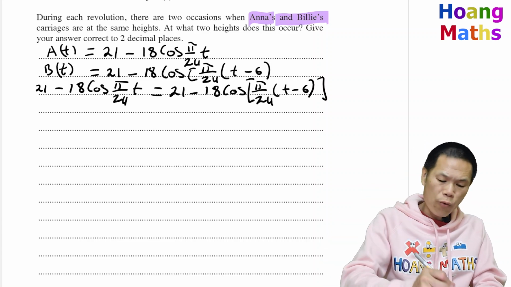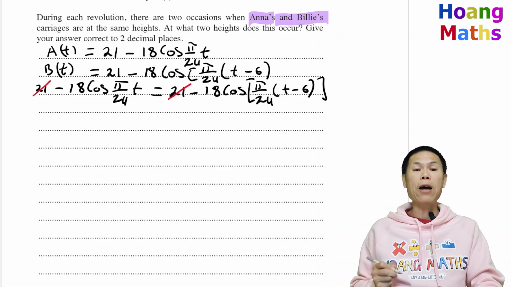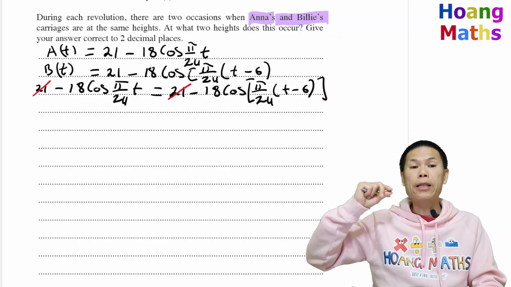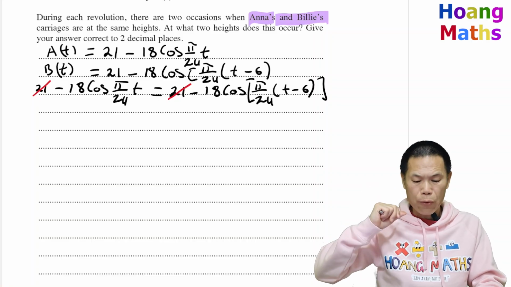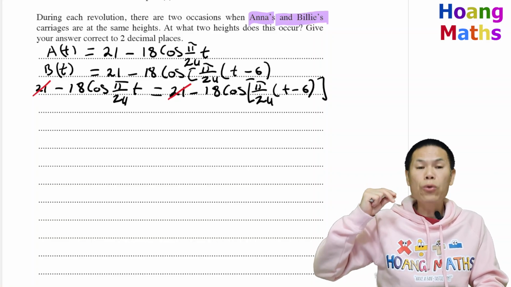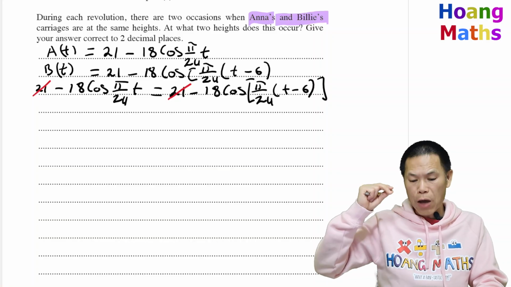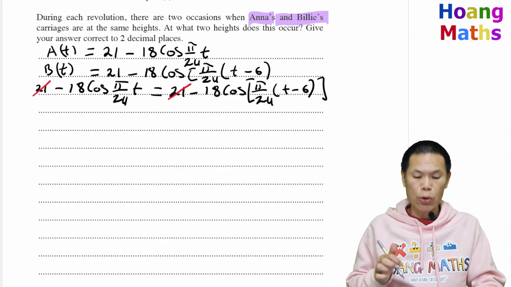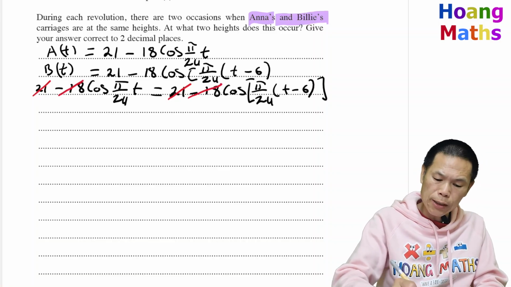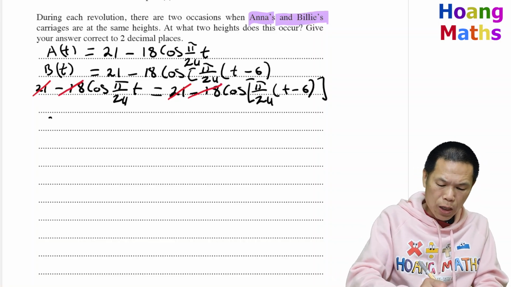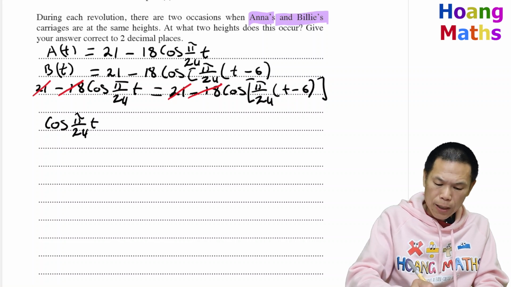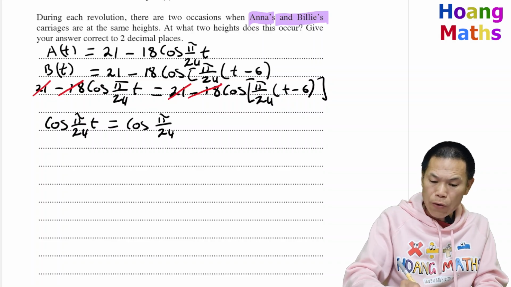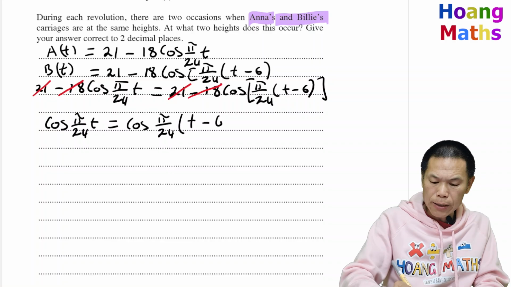If I minus 21 on both sides, these cancel out, and that leaves us with negative 18 cos(πt/24) equal to negative 18 cos of π/24 (t minus 6). So I can divide by negative 18 on both sides, and these cancel. That will give me cos(πt/24) is cos of π/24 (t minus 6).